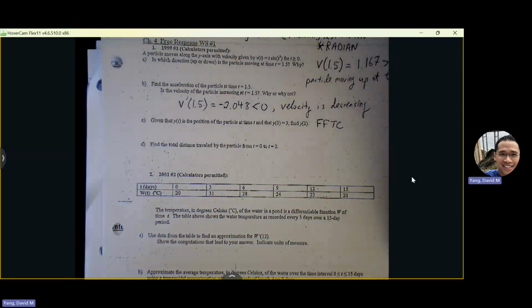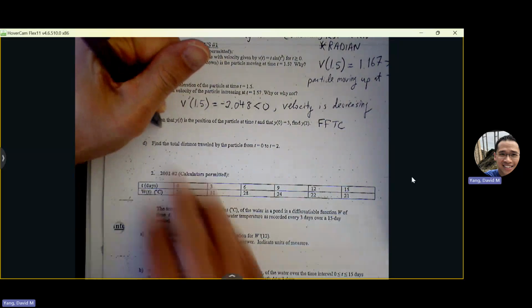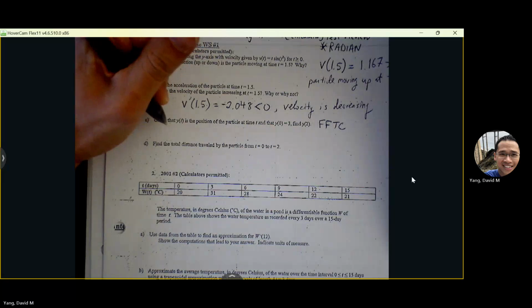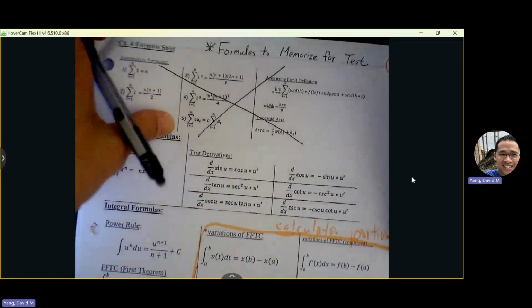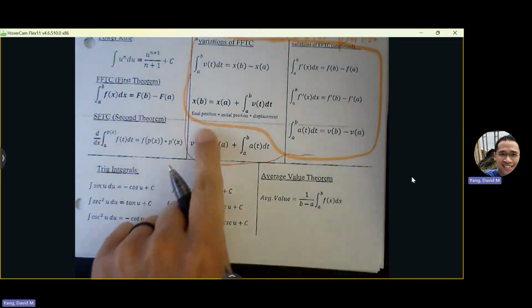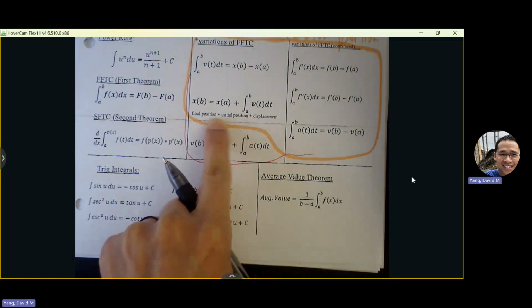So here's the formula. This is a variation formula here, which I will specify later.